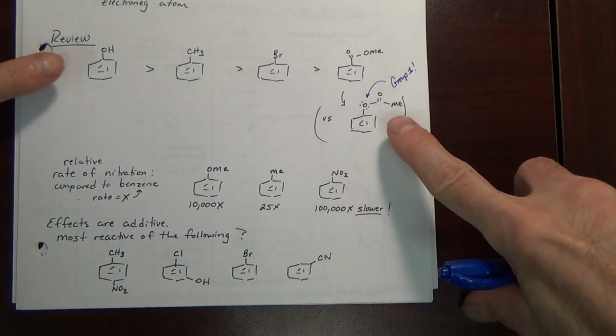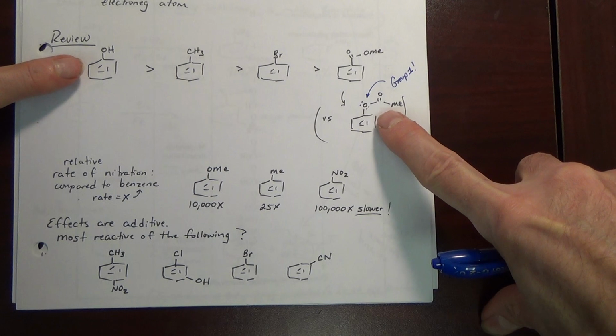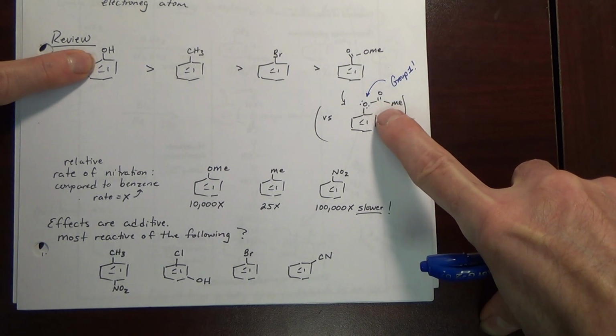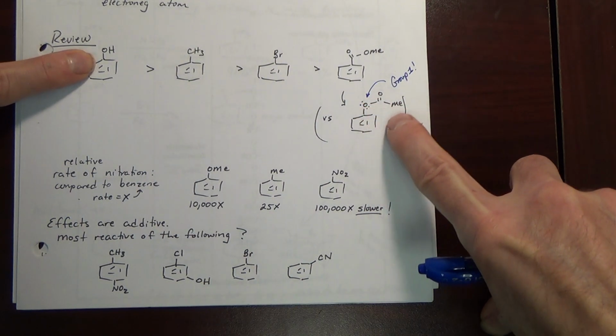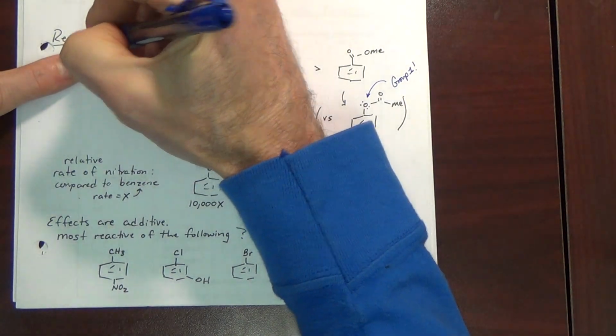A question could become, which is more reactive or activated towards an EAS? Phenol or this compound here, which really doesn't have a common name. We'll just call it this compound here. Okay?